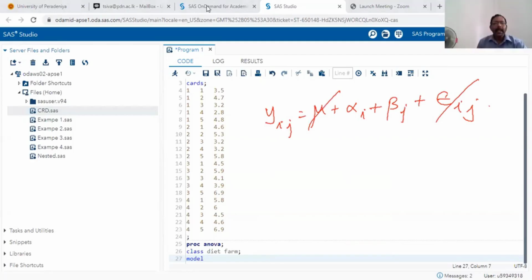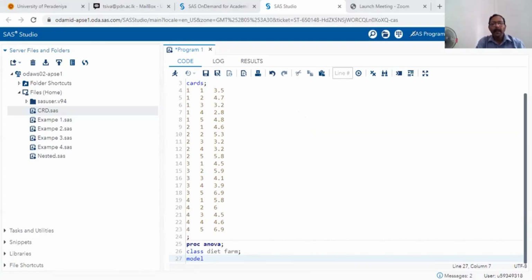Treatment and block. Here we cannot call it treatment. Yeah, you are fine. Diet and farm. So we know the treatment means it is diet. Farm means it is block. Right. I'm going to include that. We can include diet and farm.